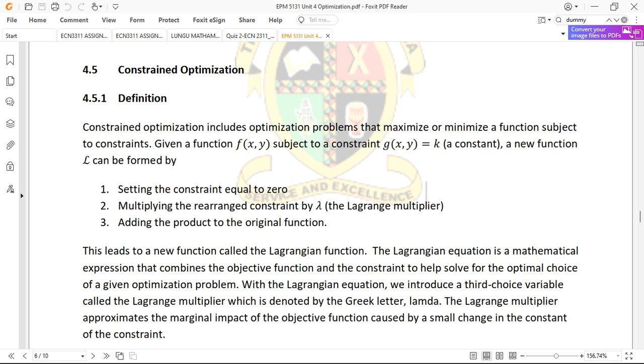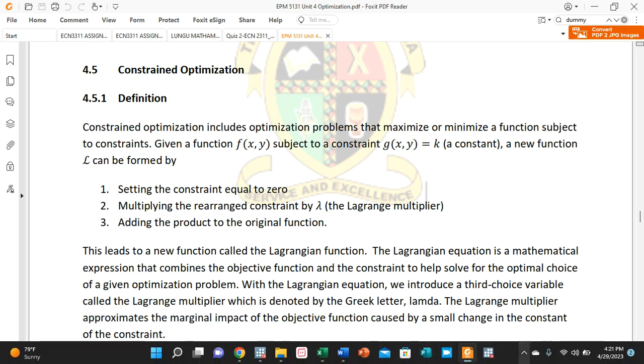So when faced with such a problem, we use what we call constraint optimization. Given that you only have, let's say, 100 kwacha, and from this 100 kwacha you want to consume both commodities, good X and good Y, how many units of good X and good Y must you buy to maximize your utility, given that you only have 100 kwacha?